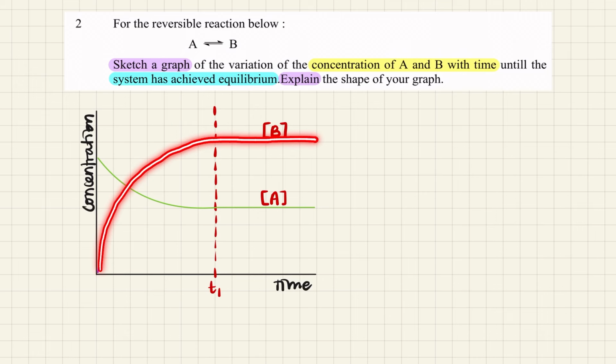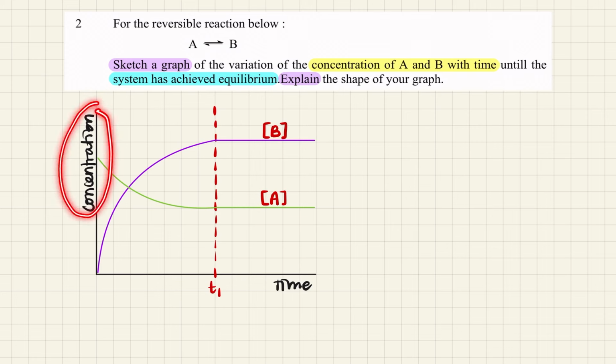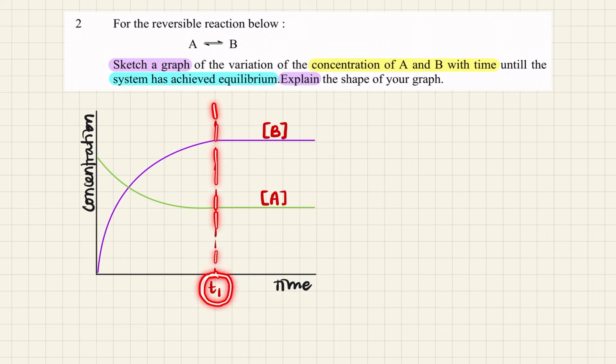So and then dia akan jadi constant. Okay, so make sure to put your concentration against time, and then mark your time with a T1 symbol. Okay, time. Okay, so this will be the mark when your system has achieved equilibrium. Okay, after this time T1.